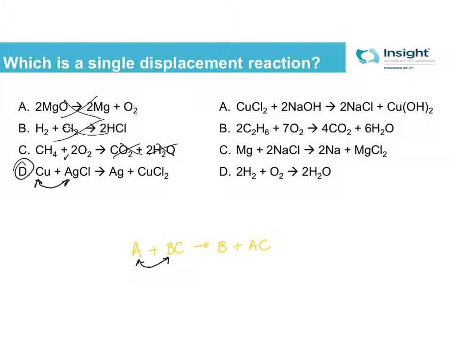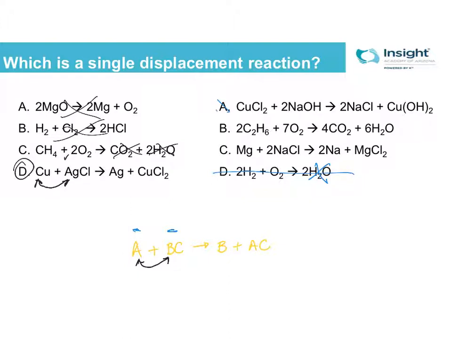All right, so next one, I'm going to start by removing anything that doesn't have 2 reactants or 2 products. This only has 1 product, so D doesn't work. Everything else has 2 and 2. So now I've got to look a little more closely at what I've got going on. So I want things that have a solo element and a compound in reactants.